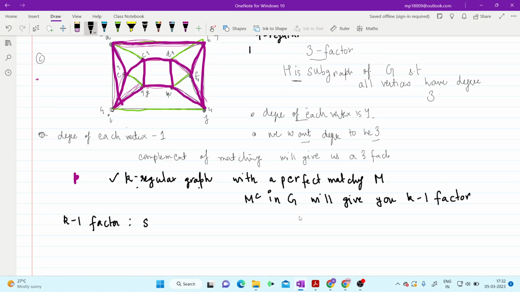It is a subgraph of G where each vertex has degree K minus 1 in that subgraph.